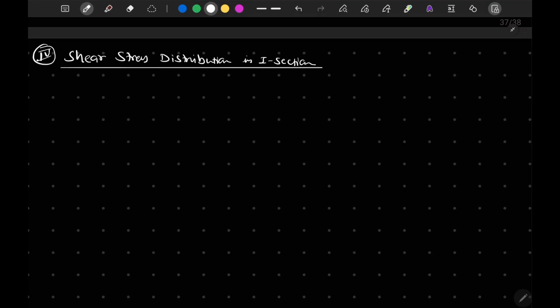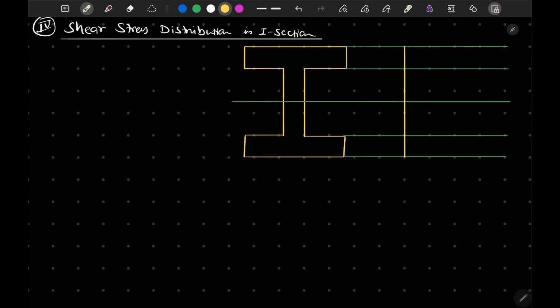Now if I talk about the fourth example, the fourth example we generally use is shear stress distribution in I section. So let's say that this is our I beam, I section, and the dimensions are as follows.